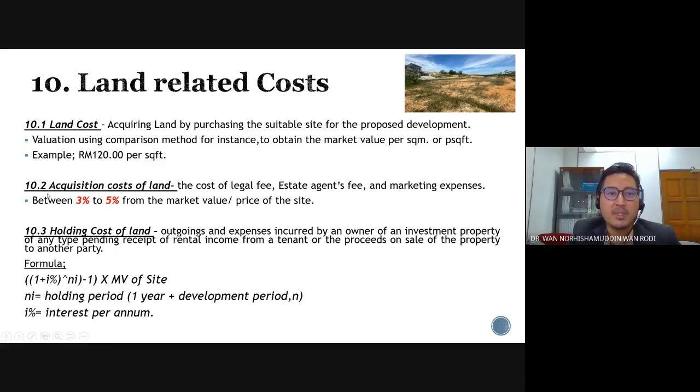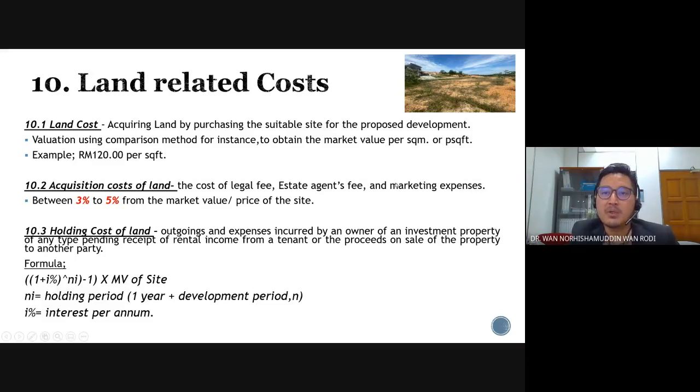Okay, 10.2 is the acquisition cost of land. So the developer needs to pay the cost to acquire. For instance, the cost of legal fees, the SPA, sale and purchase agreement, and then they have to pay for the estate agent's fee. Because some developers will employ agents to find a suitable site for the proposed project, and then they have to pay fees.